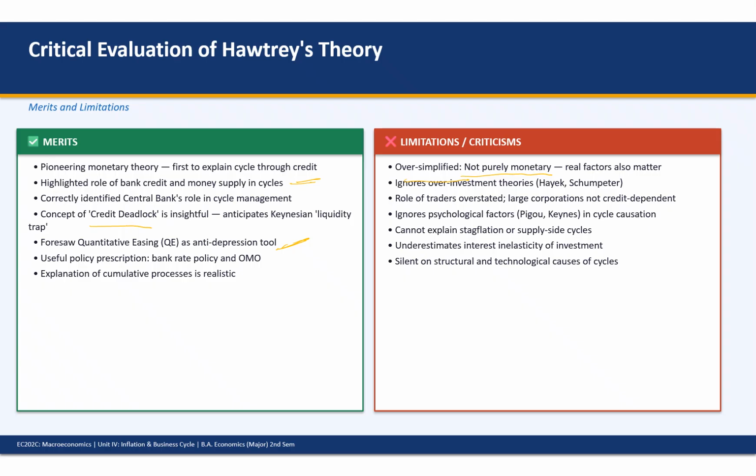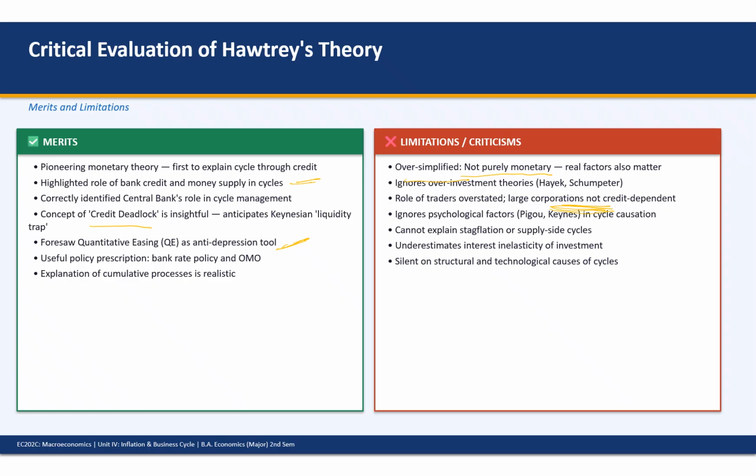It also gives too much importance to traders and wholesalers, while many modern economies are driven by large corporations and are not credit dependent. It ignores the psychological factors which cause cyclical causation.